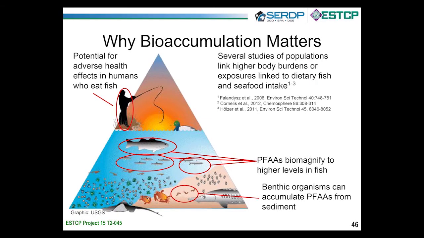They're in turn consumed by fish and other aquatic life and transfer up the food web at higher and higher concentrations to where they reach receptors like fishermen or fish-eating birds that get a fairly high exposure due to this biomagnification through the food web. And there are several studies that have looked at populations of fishermen, looking at higher body burdens of those who eat a lot of seafood, and really looking at these different exposure pathways. This bioaccumulation pathway is really important for a lot of the compounds.